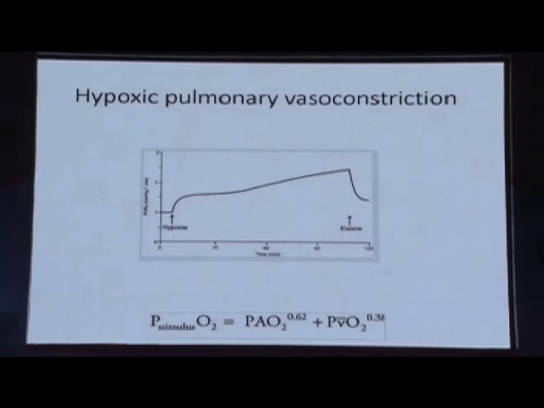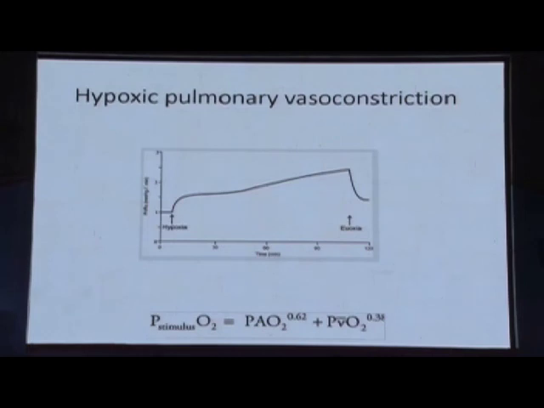When you initiate one lung ventilation, within seconds or a minute, you get hypoxic pulmonary vasoconstriction. As you continue, within about 45 to 60 minutes, you get a nice slope of progressive increase in pulmonary vasoconstriction. It continues as long as the surgery proceeds.